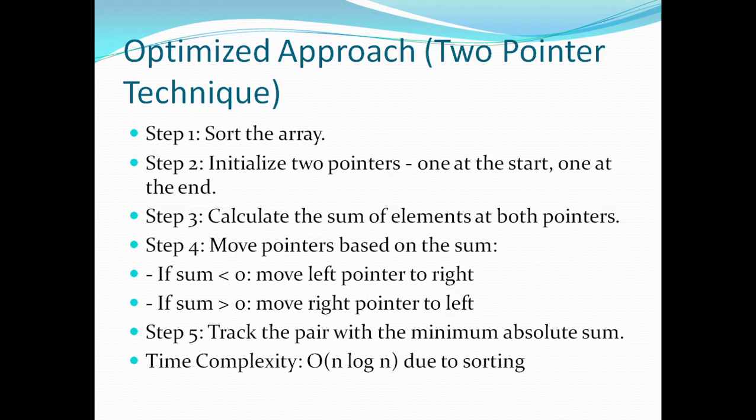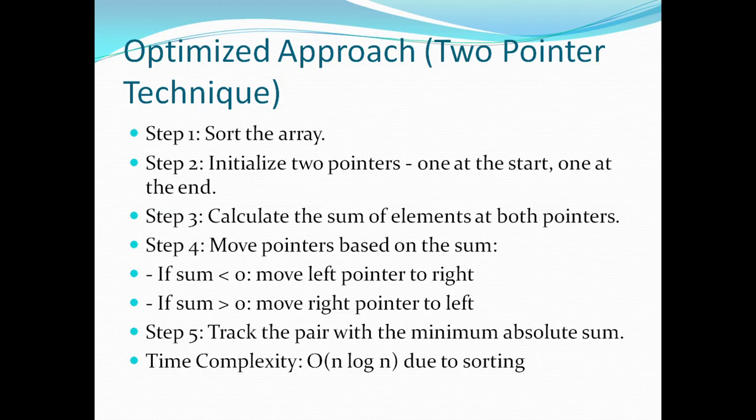Here is the optimized approach, which is also known as the two-pointer technique, a better method. In this, we first sort the array, and the second step is to use two pointers, one at the start, one at the end. Then we calculate the sum of the two elements.